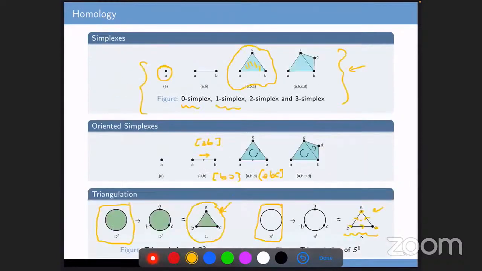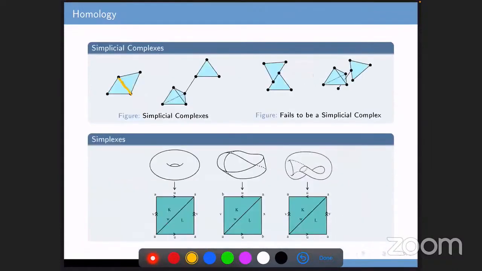I didn't mention the face definition, but this 2 simplex has these three 1 simplices here and three 0 simplices here, right? Let's call these faces of this one. So this intersection is a face of this simplex and this simplex at the same time. This is the main rule. Another one is that when we have a simplex in a simplicial complex, all its faces should be included.